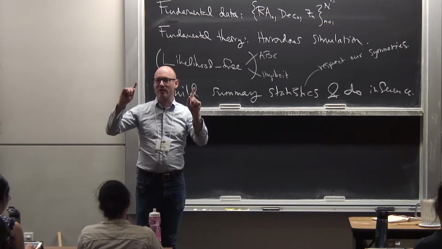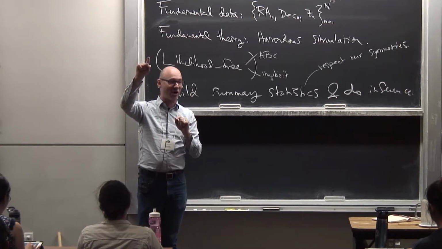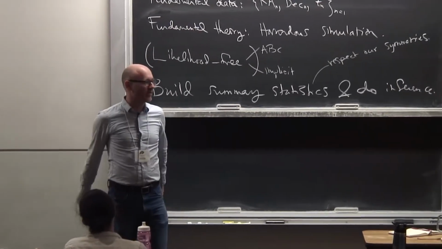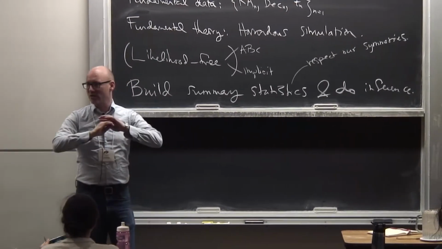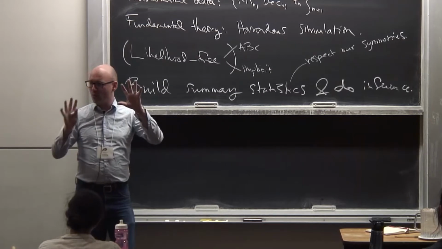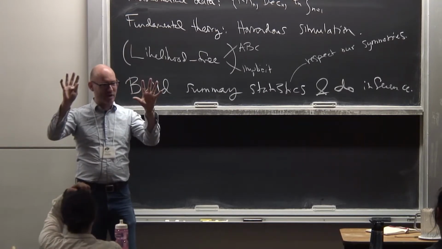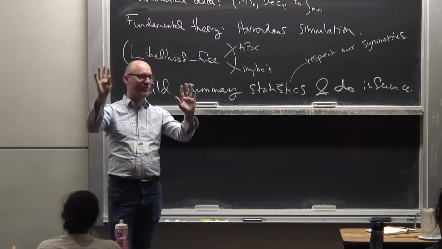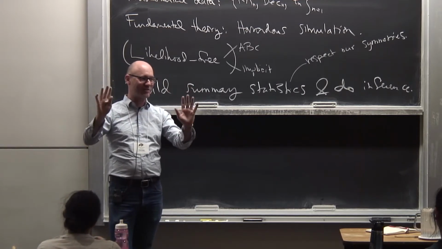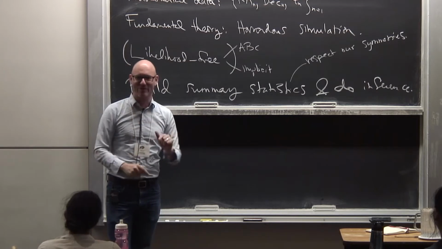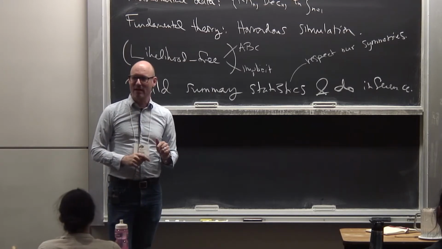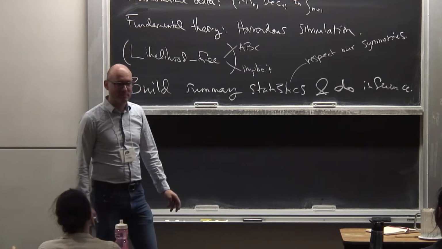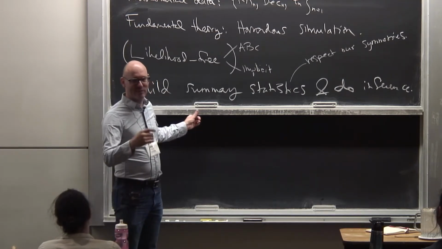Some parts are near very bright stars, and the extremely bright star blots out the galaxies that are nearby. So there's a huge amount of complexity to the way we observe the universe. So even though we now can see at very high precision that the universe is isotropic and homogeneous, no observation of the universe is isotropic and homogeneous. And we are going to account for that when we build these summary statistics, or as best we can.